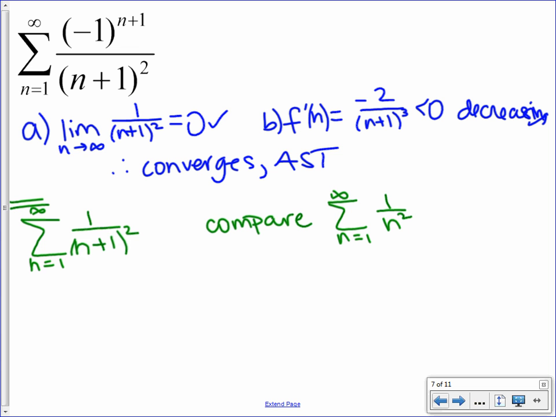So we can do limit or we can do direct, because it would be pretty easy to see that this one is smaller, right? We first should probably say that this is a convergent p series, right? Okay. Doesn't matter which one we use.